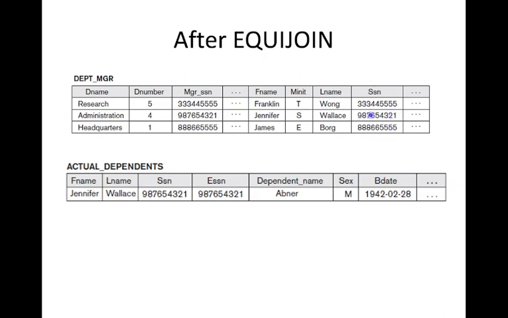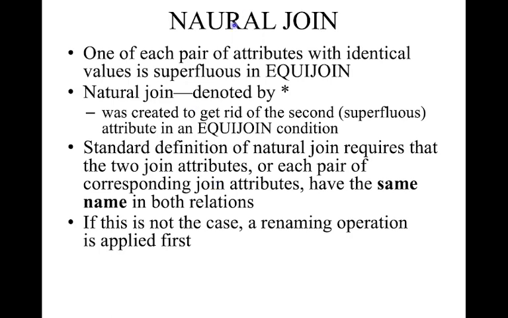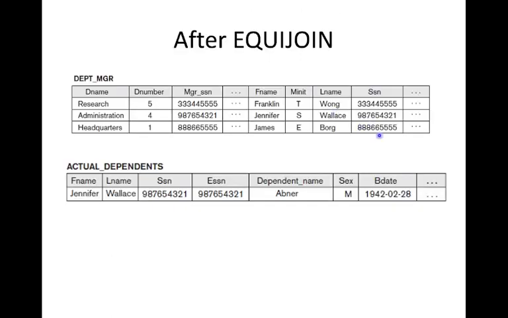If you remove this second column, and similarly remove the ESSN, then it is known as natural join. Natural join is denoted by a star. It was created to get rid of the second attribute in an equi join condition. So we will be removing this SSN.